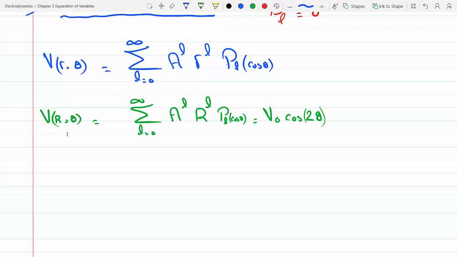The reason that this Fourier trick works is because the Legendre polynomials are orthogonal functions.